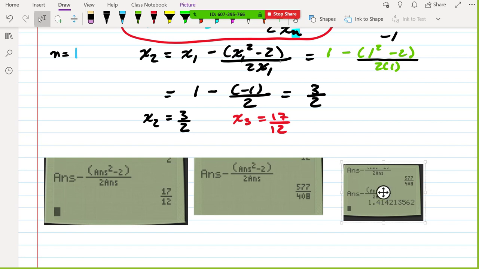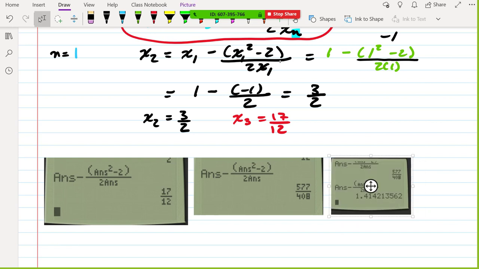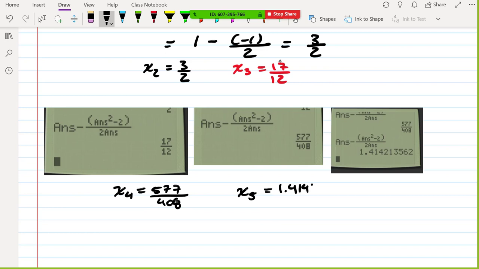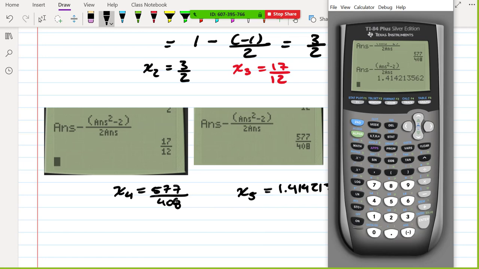So then that is our x4 and x5 respectively. So x4 was 577 over 408. And finally, x5 was equal to 1.414213562. So just out of curiosity, what is the square root of 2?